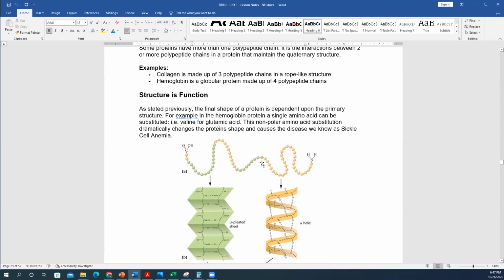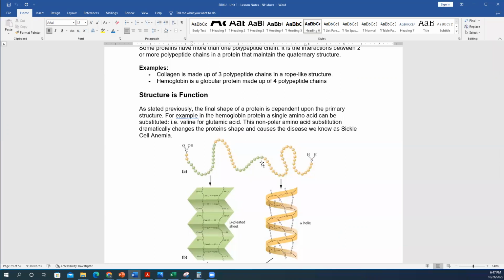A very, very important concept when it comes to proteins is how, when we talk about proteins, their structure, their three-dimensional shape and structure, is very important to their function.